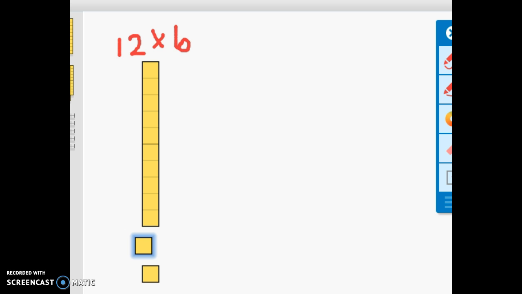This represents our 12 rows. We will repeat this 6 times to get the total amount of money spent. This will ensure that each of our 12 rows has 6 in it.